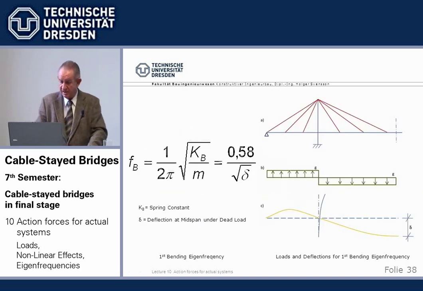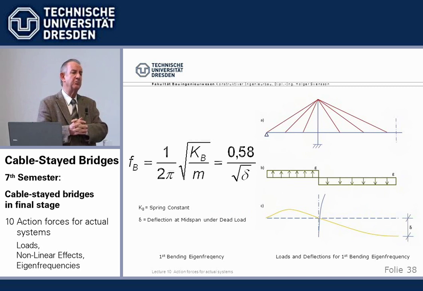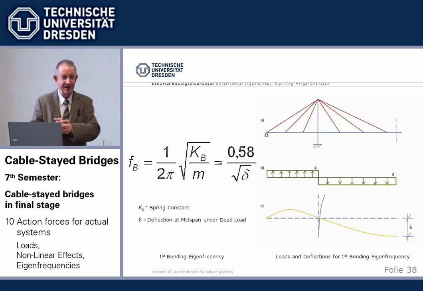Finally, as I told you, if we want to calculate the important safety against flutter, which is a phenomenon I will tell you in great detail in January in the lecture, but it's what took down the Tacoma bridge, roughly speaking, this wobbling.